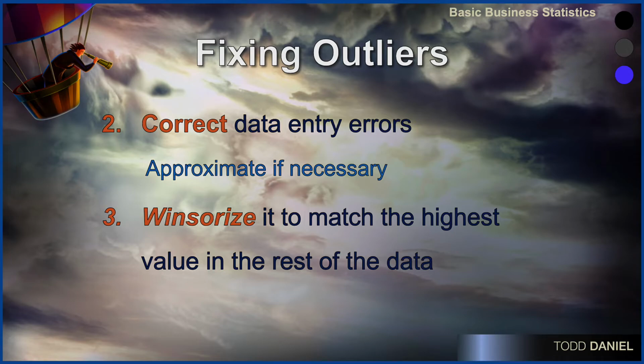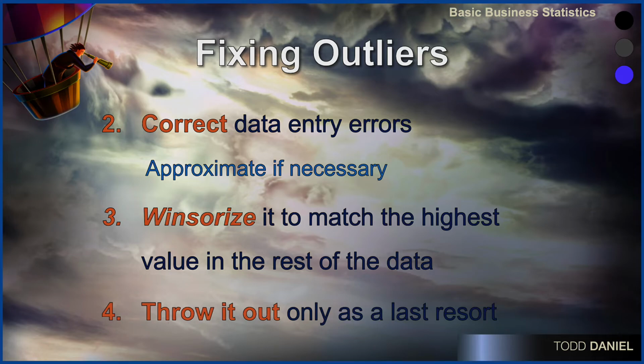As a last resort, you could throw out the case with the outlier. However, do this only if that case truly does not belong in the data set. For example, if this individual was not taking the survey seriously, was giving you bad data, or was simply not supposed to be in the population that was being sampled.